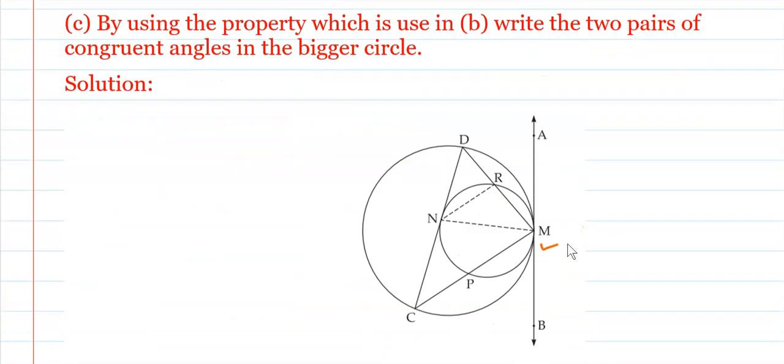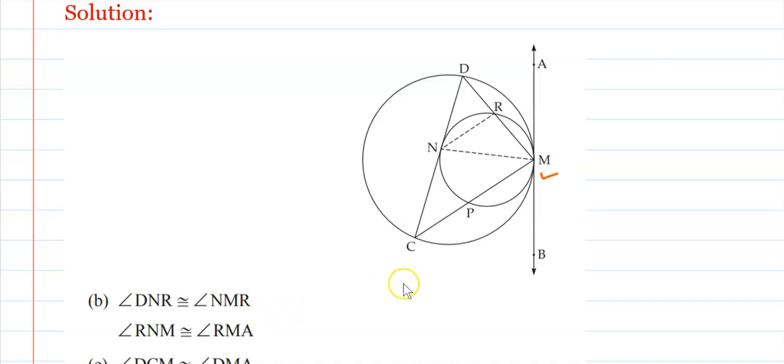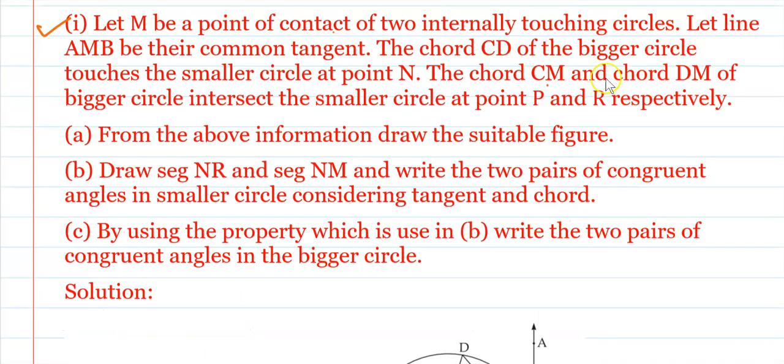The chord CM intersects the smaller circle at point P, and the chord DM intersects it at point R. From the above information, draw the suitable figure. This is the figure.